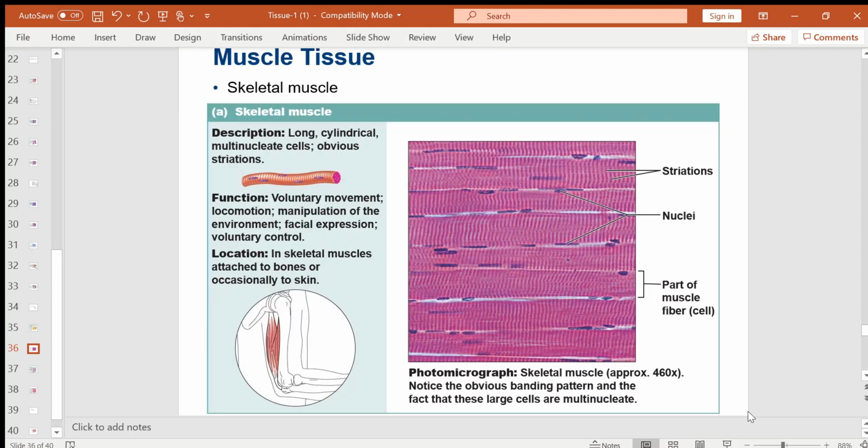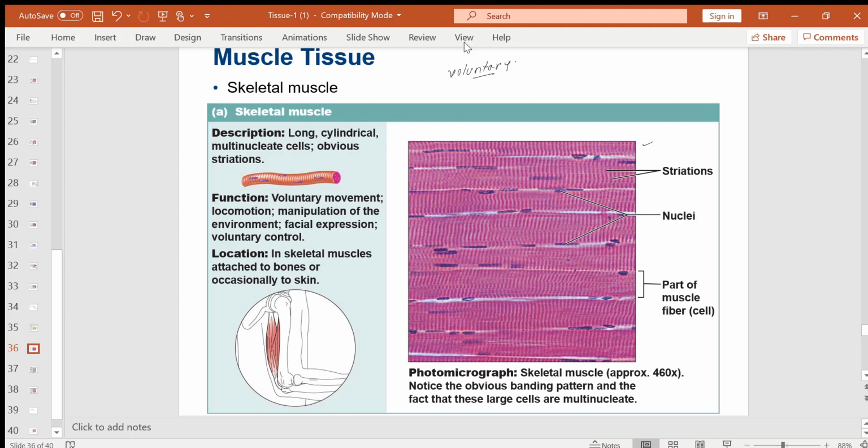Muscle tissue. Three types of muscle tissues are present in the body. Skeletal muscle is voluntary. That means you can control the skeletal muscles.